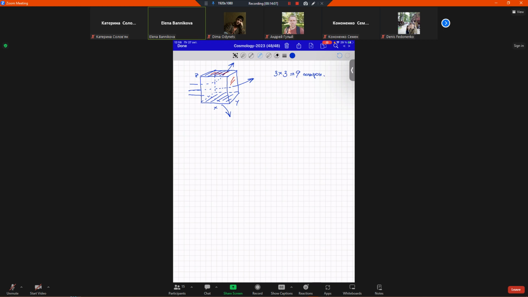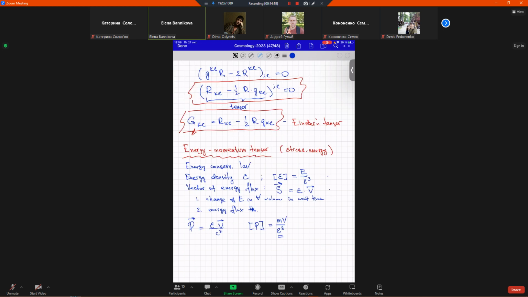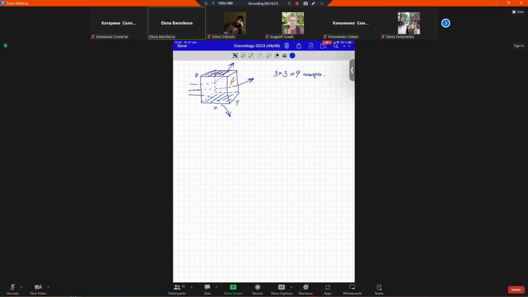And this exact value we call the stress tensor. This tensor, the energy momentum tensor, is sometimes called the stress energy or stress energy momentum tensor. So we can describe it using the stress tensor, sigma alpha beta.